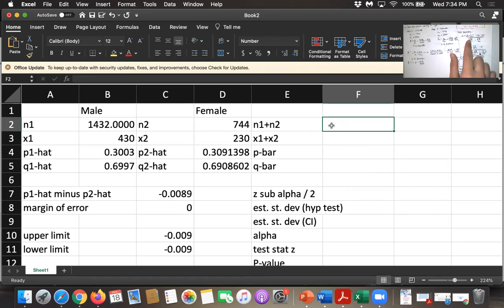In order to calculate my test statistic, remember we need that pooled sample proportion, P bar, because when we're calculating the test statistic, we're assuming that the null hypothesis is true, which means we're assuming that P1 and P2 are equal to each other, but we actually don't know what P1 and P2 are equal to. We're just saying that they're equal to the same value.